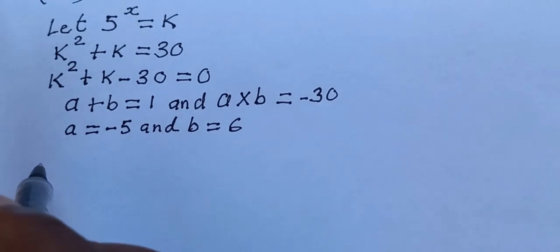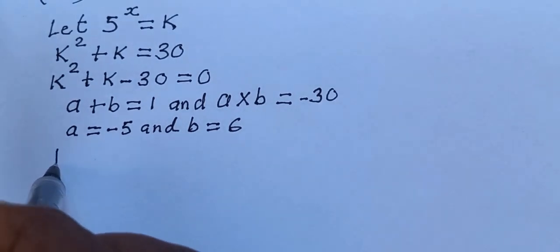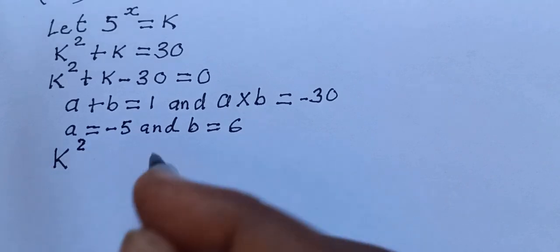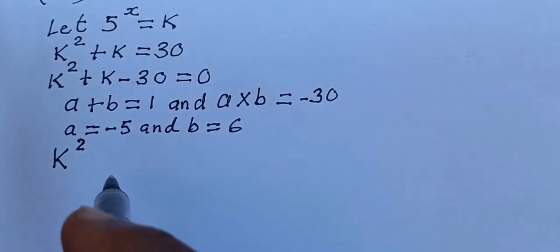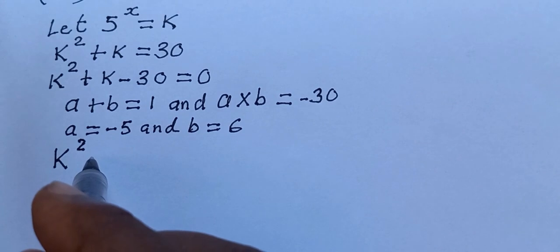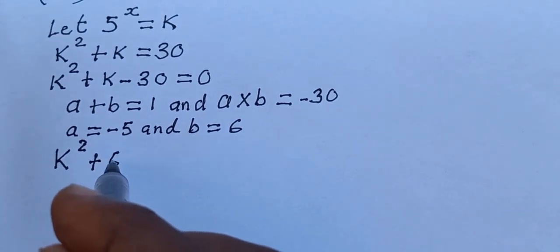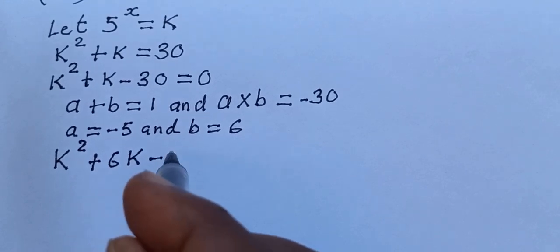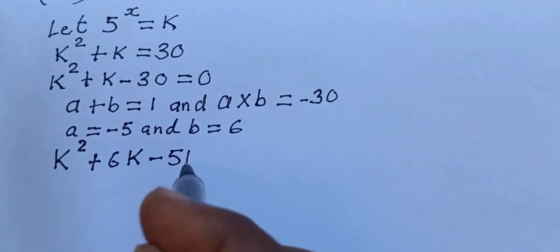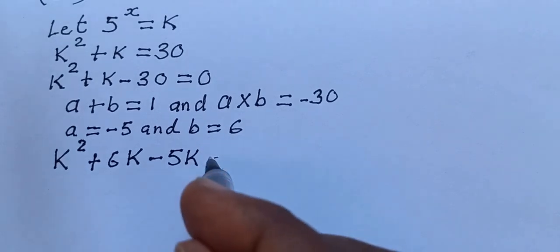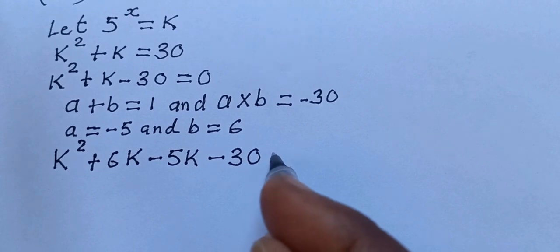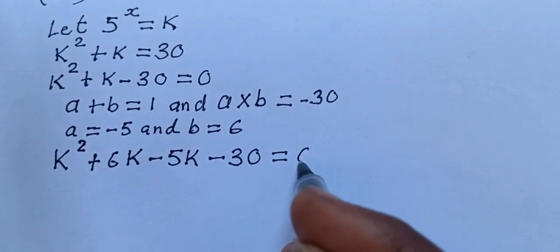So here we have k squared plus 6k minus 5k minus 30 equals 0.